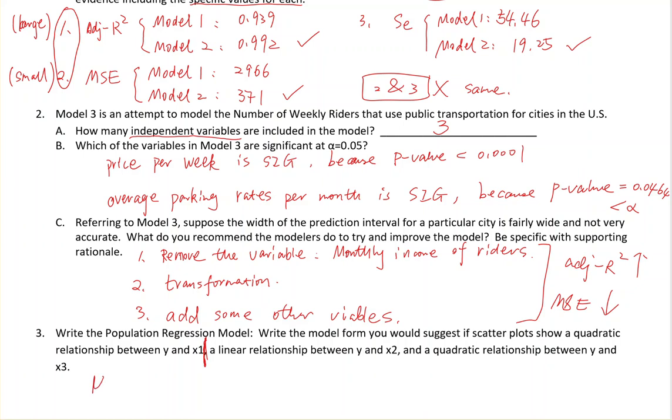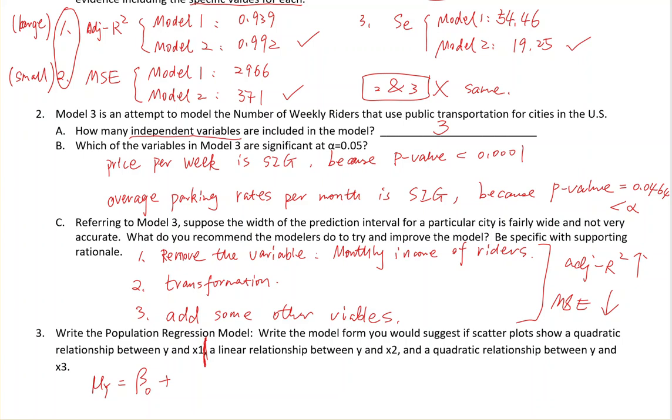First, the population regression model will be mu y. Well, we need an intercept, right? And then we first just focus on x1. We say there shows a quadratic relationship between y and x1. That means there is a relationship between y and x1 squared, right?